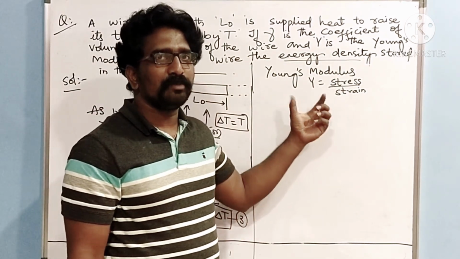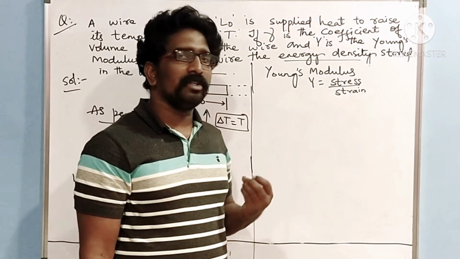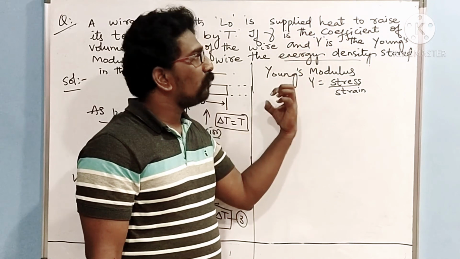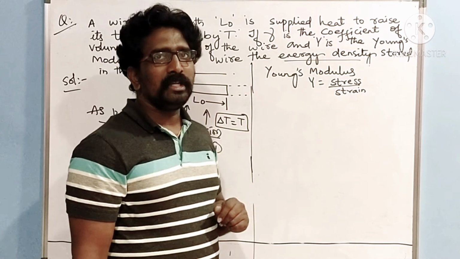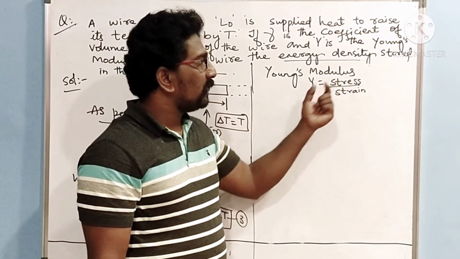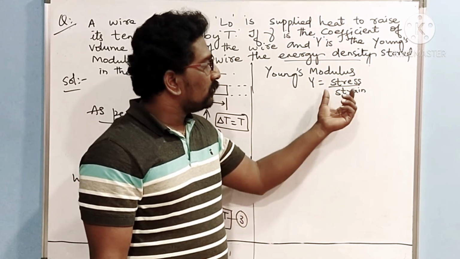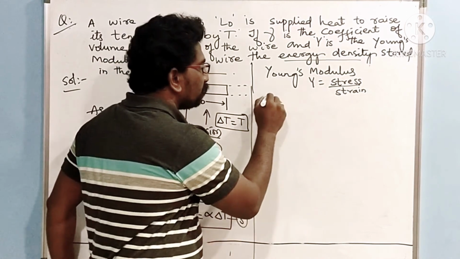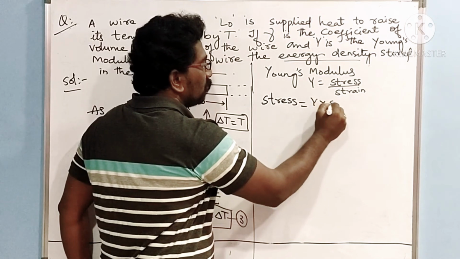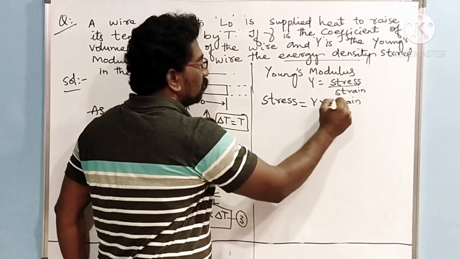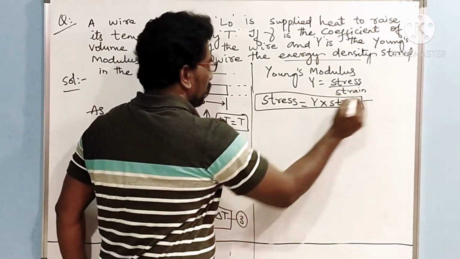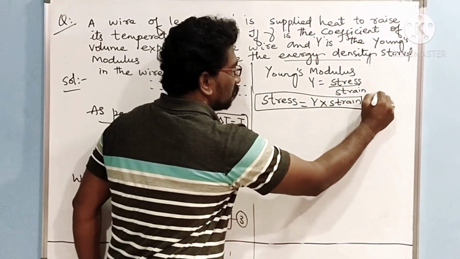Energy density is the amount of potential energy stored in a wire due to different stresses acting upon the wire whenever it is being heated. So Young's modulus is equal to stress over strain, and the formula for the stress becomes Young's modulus into strain. Let it be your equation number 4.